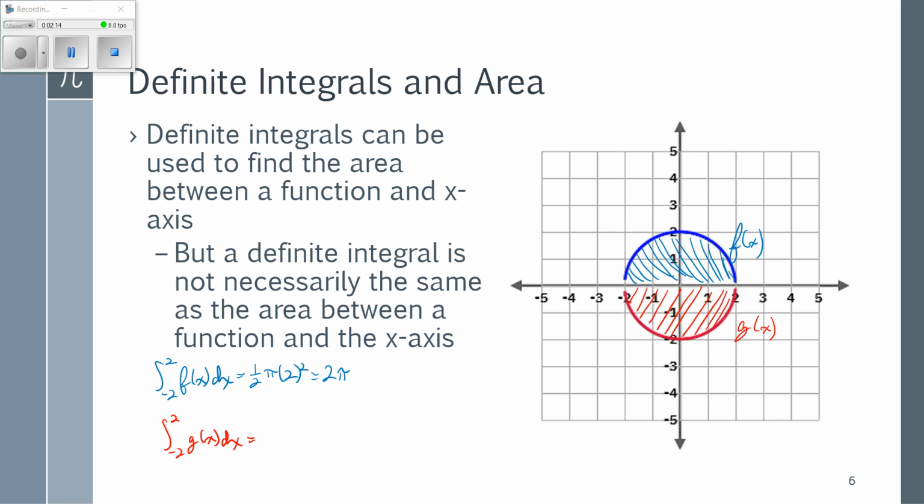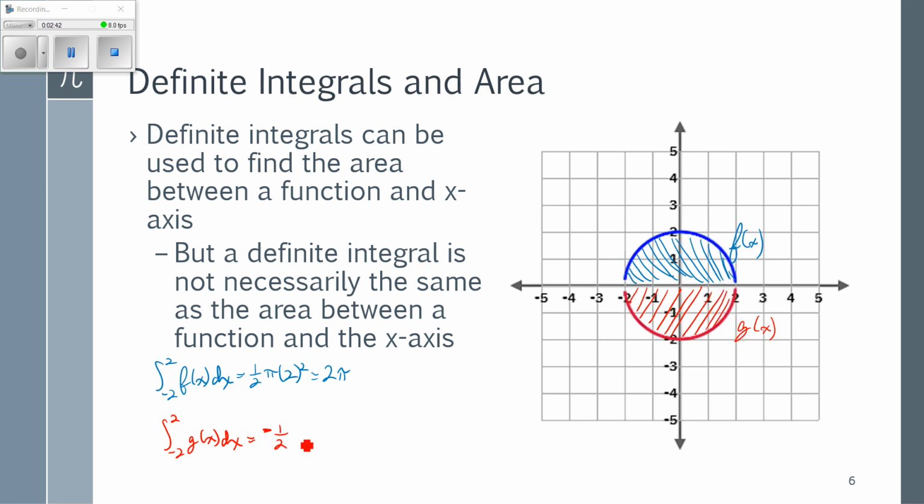But in calculus, definite integrals, because they're based off of taking a function value times delta x, are able to be negative. And the way we basically remember this is if my area is below the x-axis, it needs to have a negative value. So the region that the definite integral is looking at for g of x is below the x-axis, so I'd have a negative.